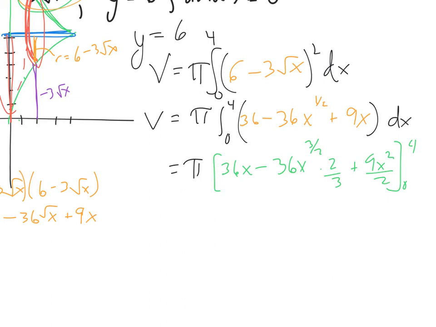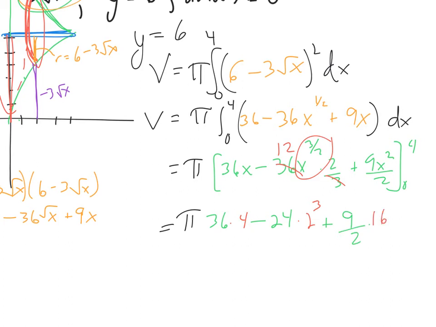We could do a quick cancel the 36 and 3. I've got 12 times 2, which is really 24x to the 3/2. And let's go ahead and substitute in. The 0 I can ignore, but I'm going to have to substitute the 4 in. So I'm going to have 36 times 4 minus 24 times 4 to the 3/2. For this it's going to be square root of 4, 2 cubed. Plus 9/2 times 4 squared is 16, substituting that in.